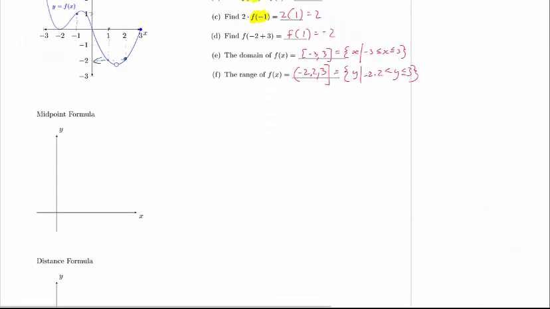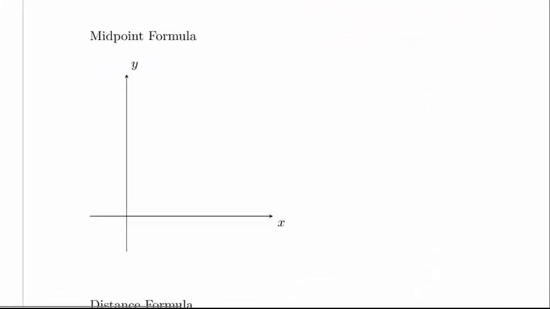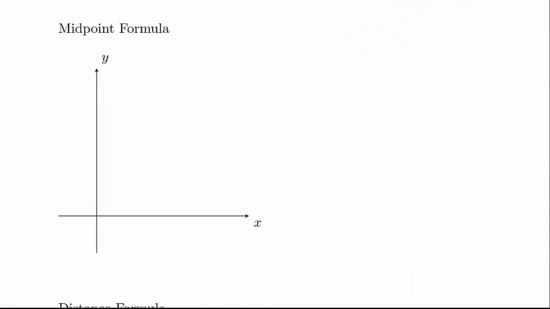We're going to get into the midpoint formula now. So the midpoint formula is for when you've got two different points right here. So you got a point 1. And we'll say you got another point over here. We'll call this point 2. And you want to know, okay, what is the midpoint in between those two?